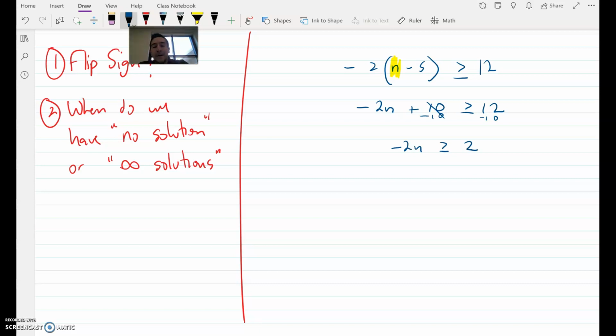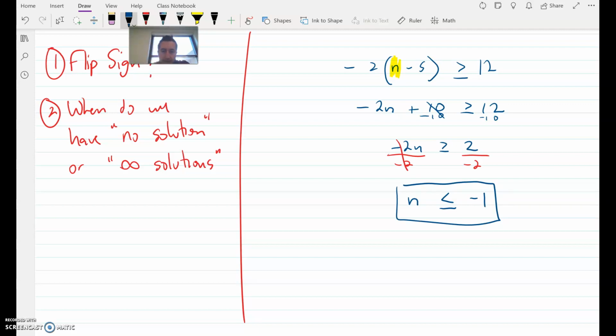Now, if you ever divide both sides of an inequality by a negative number, so right here, I'm dividing this by -2 to cancel, I'm dividing this by -2. If you ever divide by a negative, you have to also flip the direction of your inequality symbol. Notice what happened. It's pointing this way towards the variable.